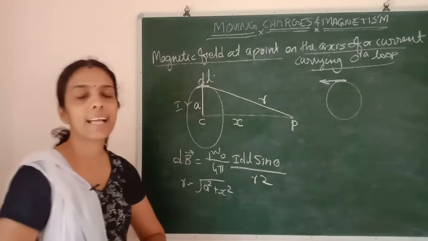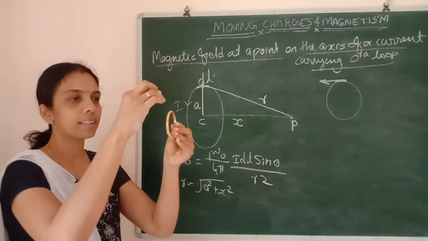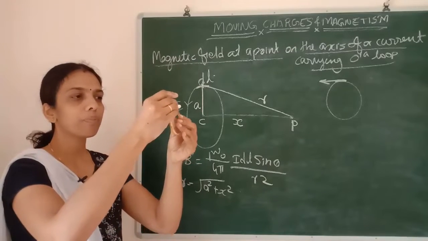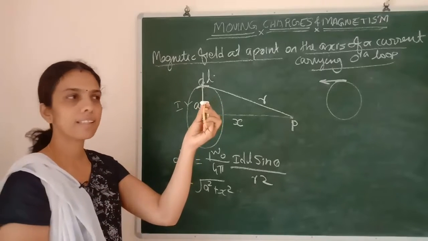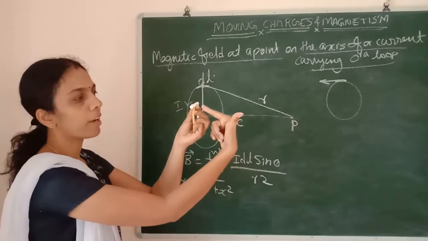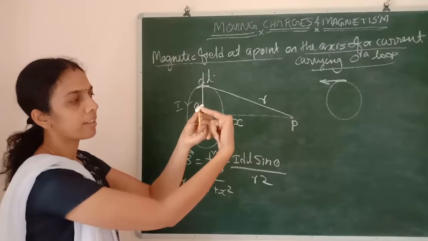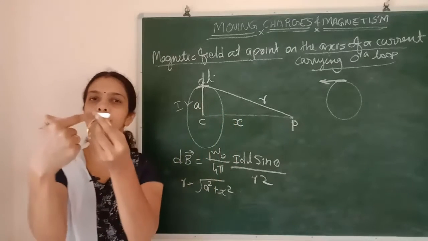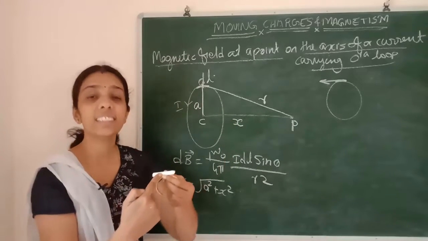The current will be acting along the tangent at this point. So what is the angle between these two? Yes, it is 90 degrees.